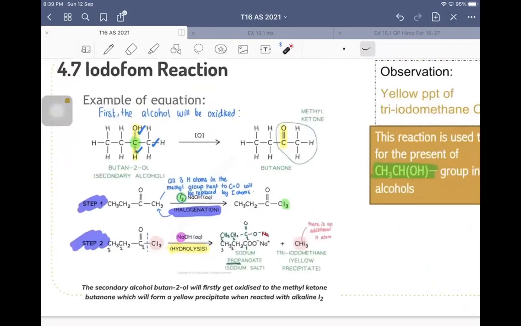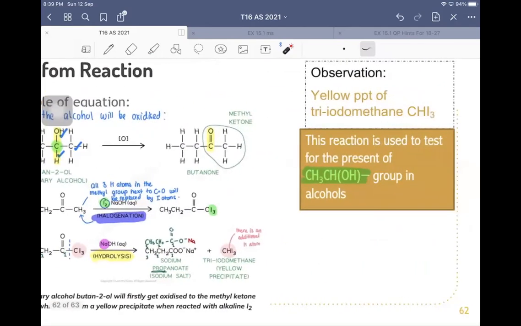Okay, so because we are producing yellow precipitate, it is used as a test. As I mentioned earlier on and many times, whenever we can see an observation in an organic reaction, we use that as a test. Okay, so a yellow precipitate with aqueous iodine with sodium hydroxide would indicate that the starting material contains the CH3CHOH structure.